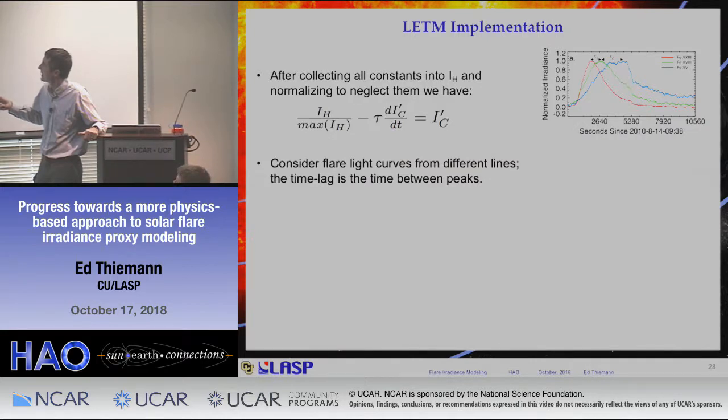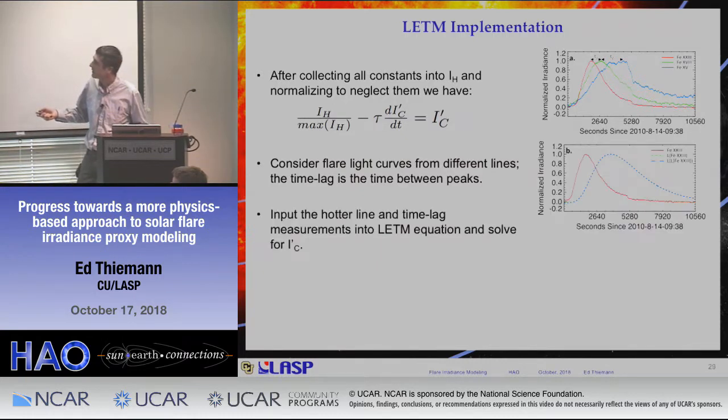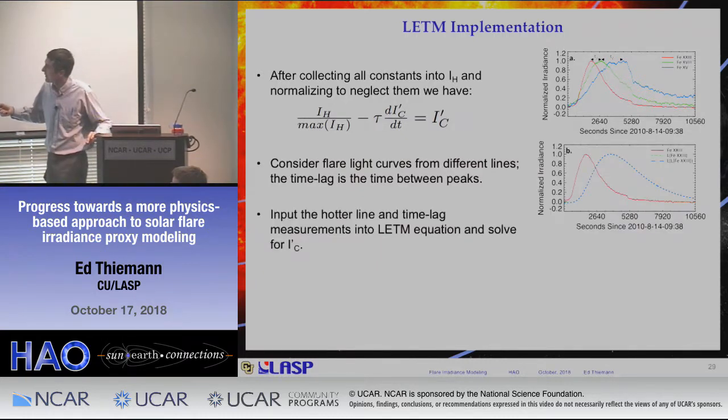And I've indicated the time lags between the iron 23 and iron 18 line, and then the iron 18 and the iron 15 line. And so if we use this red light curve as our IH and this first time lag as our time constant, and then solve this equation for IC, we get this green curve here.